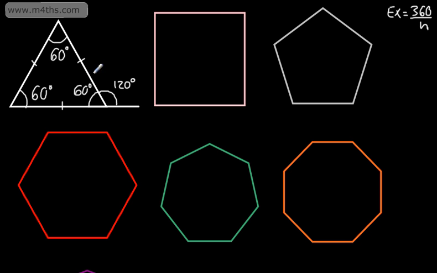Alternatively, what we could have done is looked at the interior angles. We know for the sum of the interior angles, so this is the exterior, so sum of the interior is going to be now 180 multiplied by n minus 2. So we know that we have 180 multiplied by 1, and that's going to give me 180.